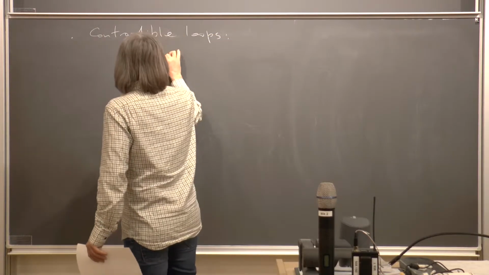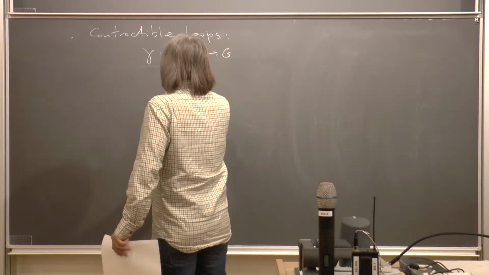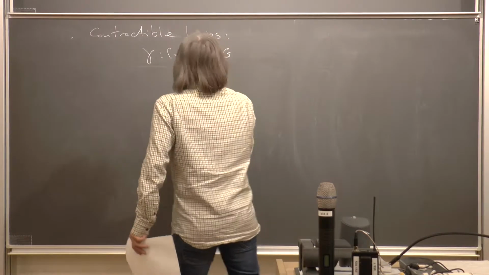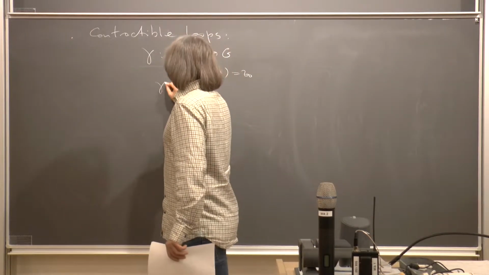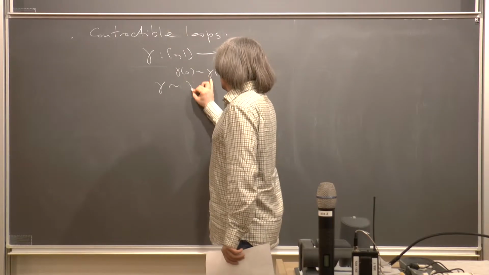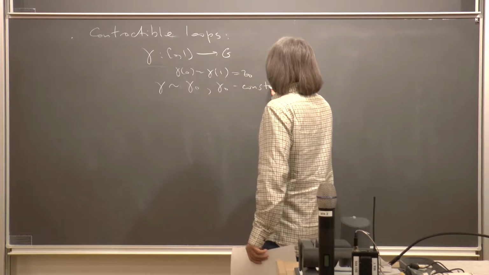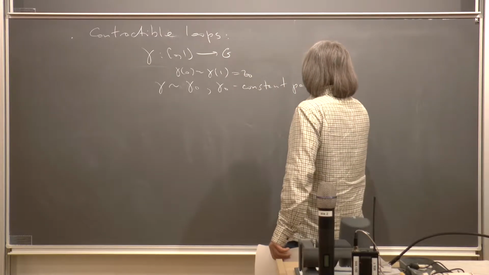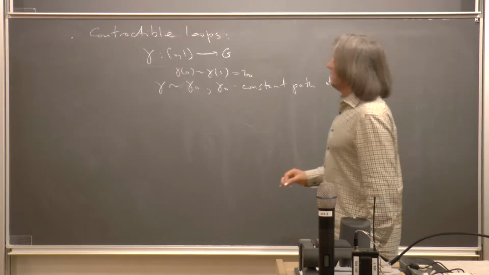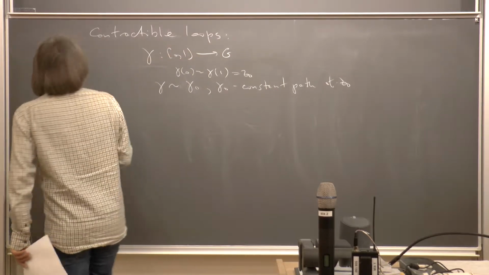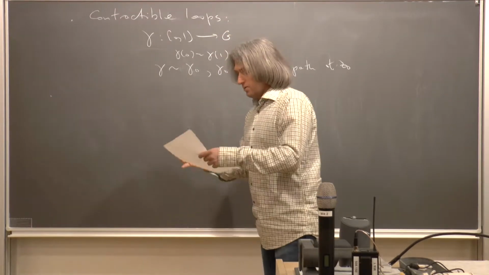So these are maps gamma from [0, 1] to G, with gamma of 0 equal to gamma of 1, say equal to Z0, such that gamma is homotopic to gamma 0, where gamma 0 is the constant path with value Z0.